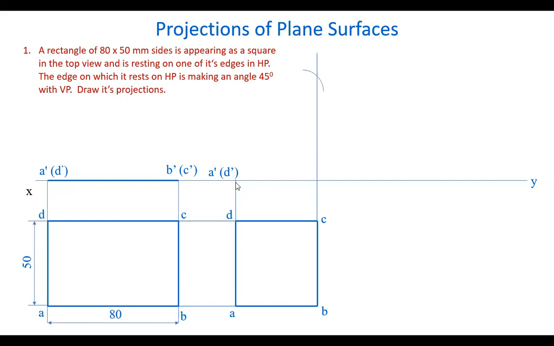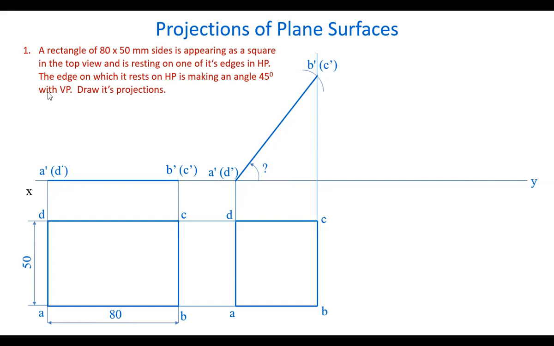We draw an arc here. This length is 80 mm. From this, we get the inclination of the surface. We can measure that. Now, we are able to find the angle at which this rectangle appears like a square.